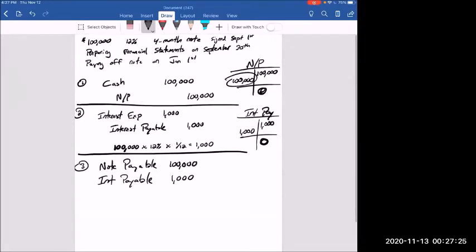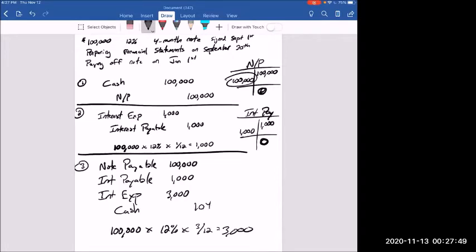Because I still have that money for 3 more months after I accrued this the first time. We did the same thing for notes receivable. Okay, so now I've got another 3 over 12 equals 3,000. So interest expense is another 3,000. And now I'm paying out the total cash of 104,000.